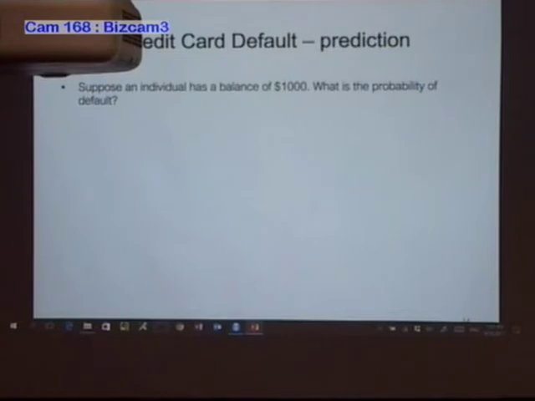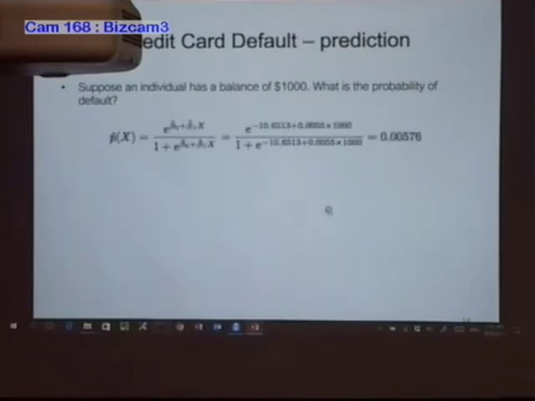Then with that model, we can do all kinds of predictions, just like in linear regression. We just plug in the x. So say we have a new customer with a balance of $1,000. What's the default probability? This is our model, the logistic model after training. We just plug in the 1,000 number, and we get a probability.